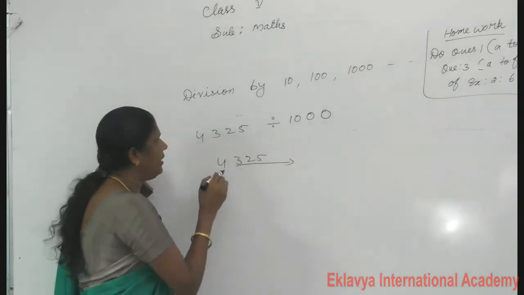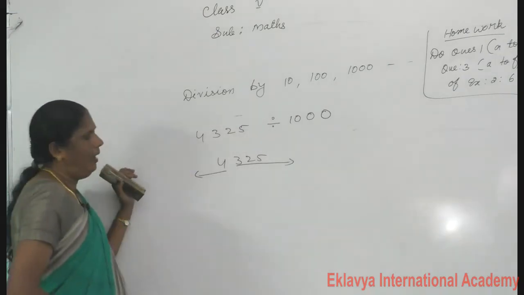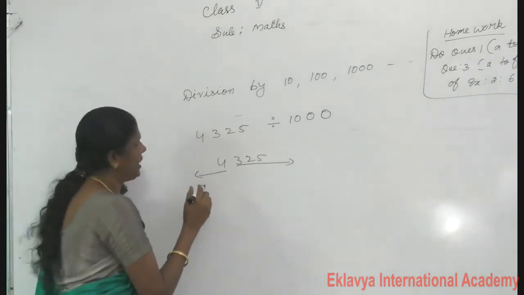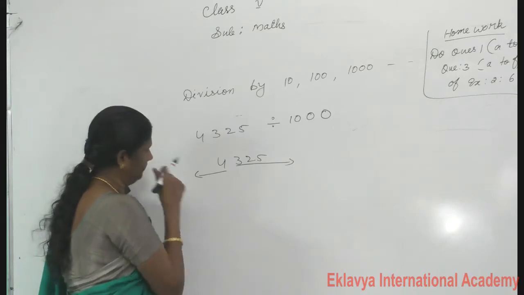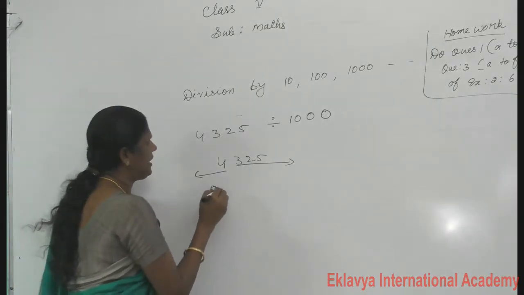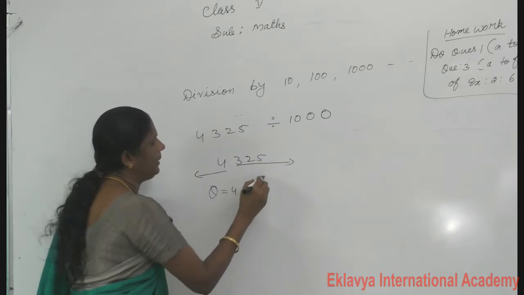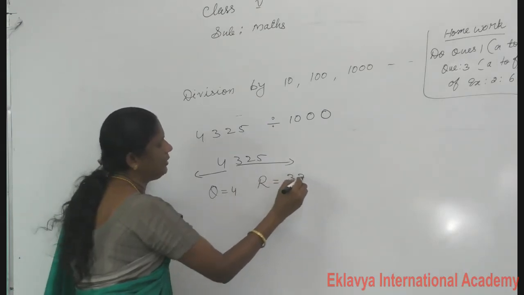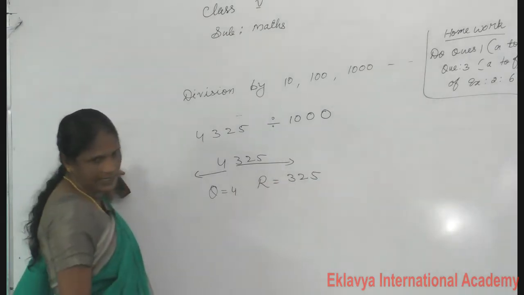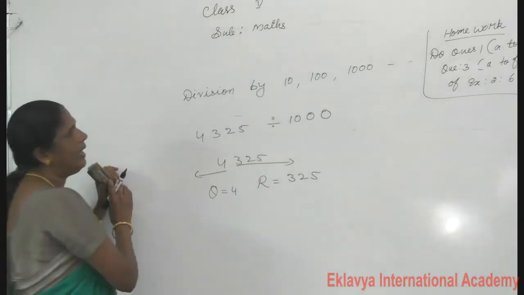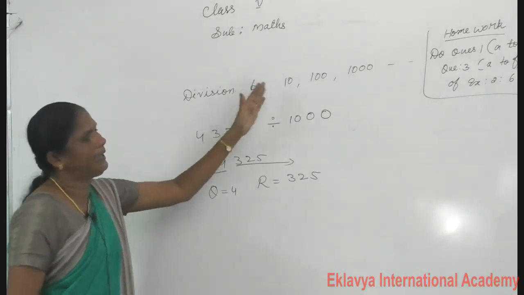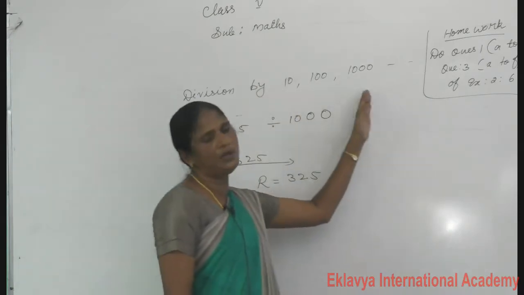The left number 4 is the quotient. Quotient is equal to 4. Remainder is equal to 325. Understand? All students understand? Division by 10, 100, 1000.